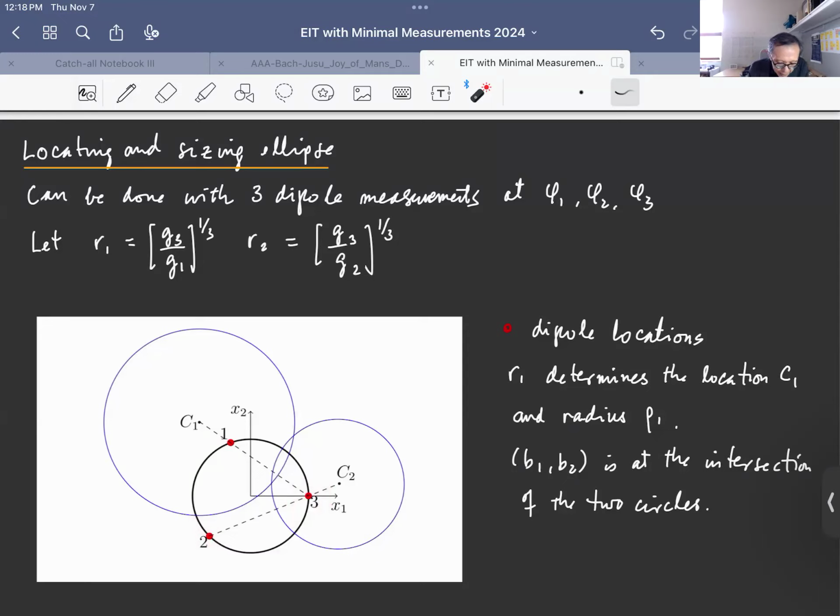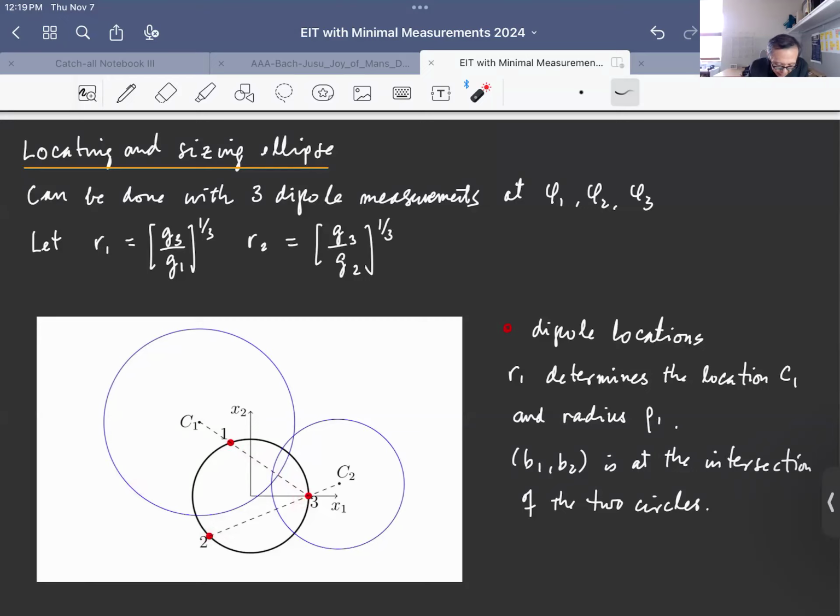If you think of the third point as being sort of the reference point, if you draw a line between electrode 1 and electrode 3, the center of this circle, C1, is actually on this line right here. The center of the circle C2 is on the line connecting 2 and 3.